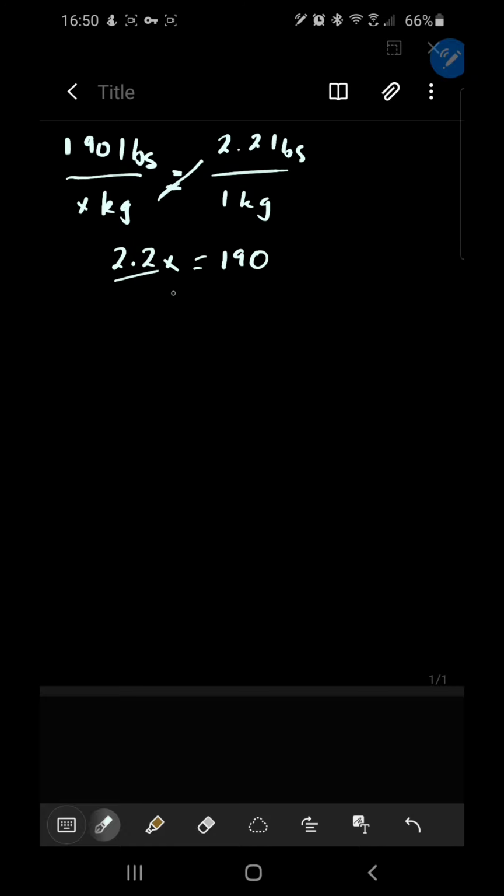In order to isolate the variable, here's where the division comes into play. So we're going to divide by 2.2 on each side, and we end up with x is equal to 86.36 repeating, but we're just going to cut it off and round to the hundredths place. And that is what our patient weighs, 86.36 kilograms.